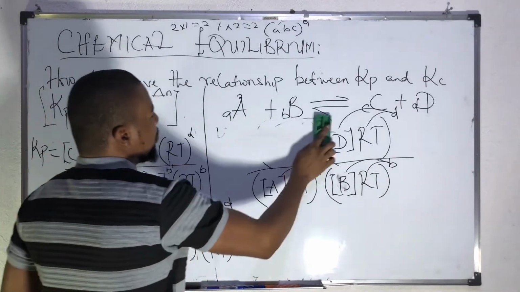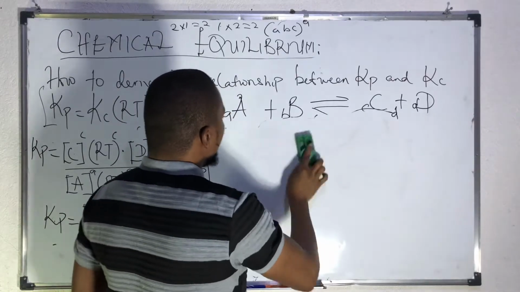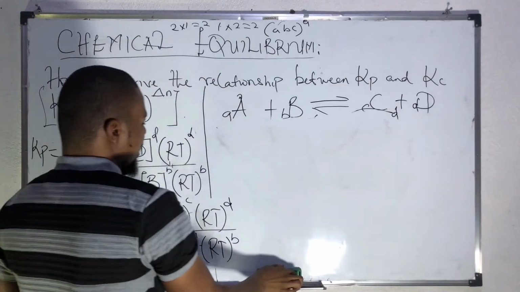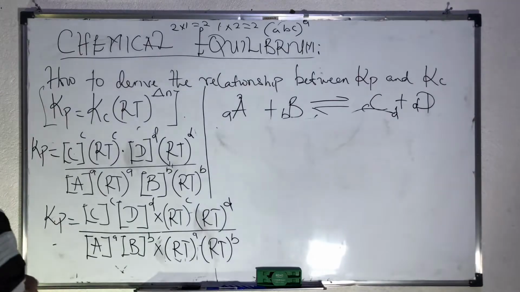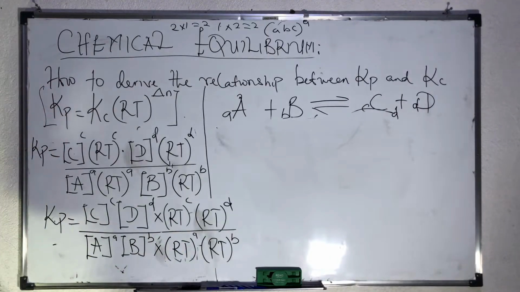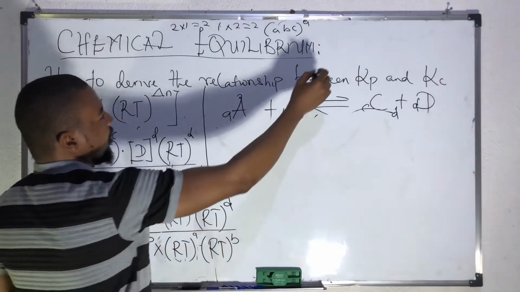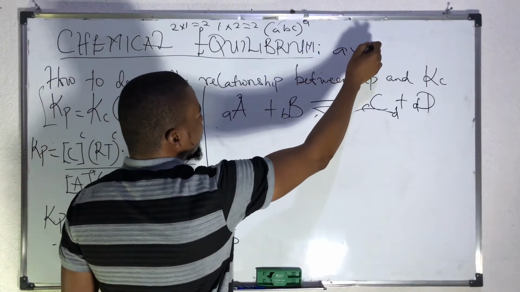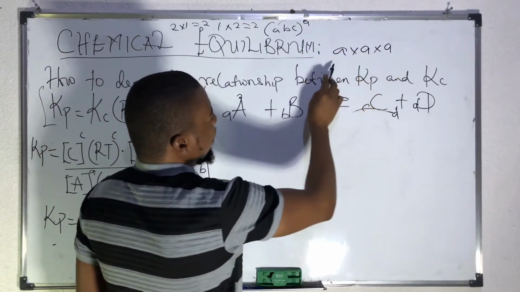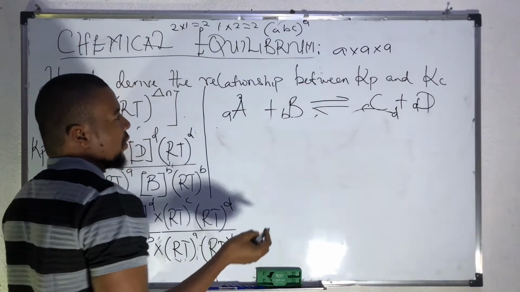What's the next thing to do right now? We need to understand that according to the laws of exponents, if you have two like bases that are multiplying each other, it is right to add their powers. For example, if you have A times A times A, these are the bases, and they are the same.